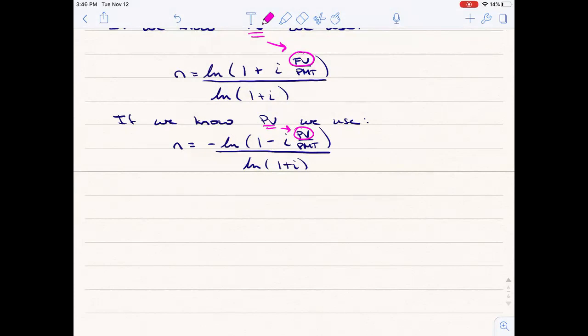So depending on which value we know, that's going to tell us which formula we have to use to solve for n.